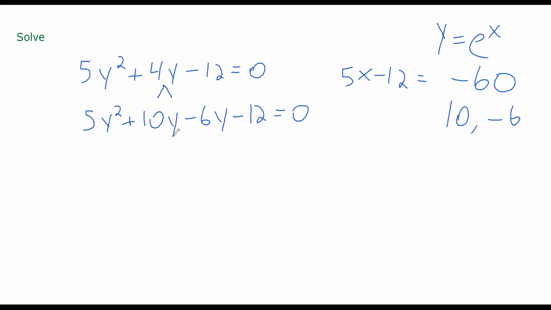And now, whenever I do that, I'm going to factor by grouping. I'm going to look at this as group 1 and this as group 2. I'm going to take the greatest common factor out of each group. So from group 1, that's going to be 5y, leaving me with y plus 2.